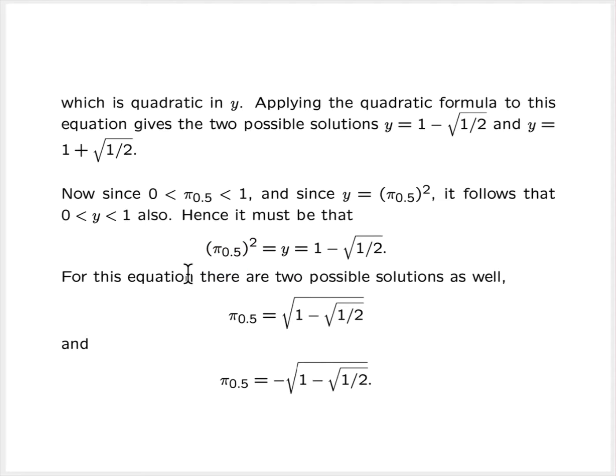And so we can take the square root of this equation, and when we do that, we once again get two potential solutions. The first one is pi sub 0.5 equal to the square root of 1 minus the square root of 1/2, and the second potential solution is pi sub 0.5 equal to the negative square root of 1 minus the square root of 1/2.